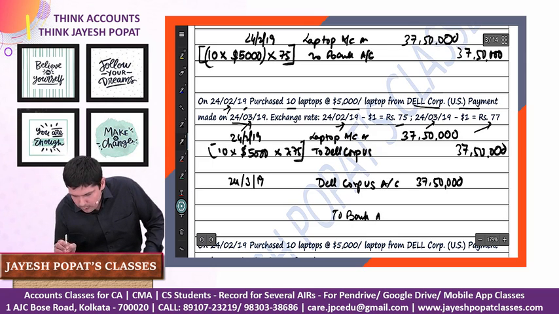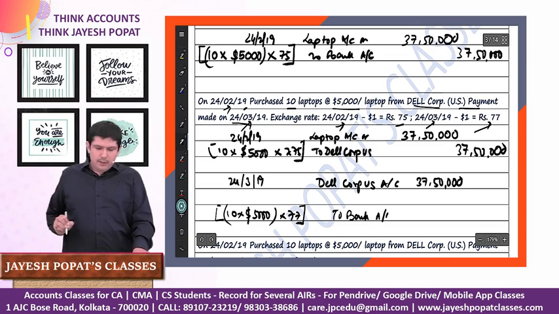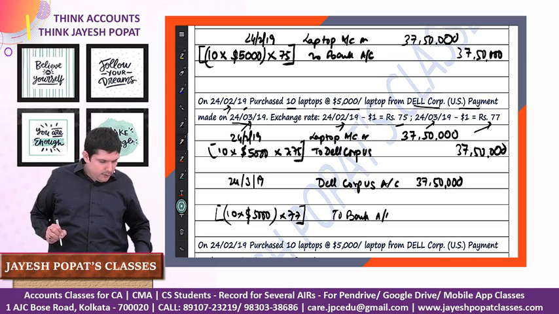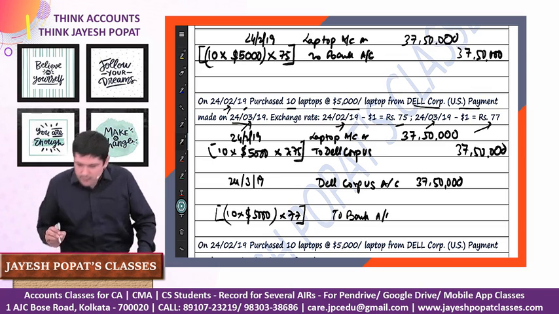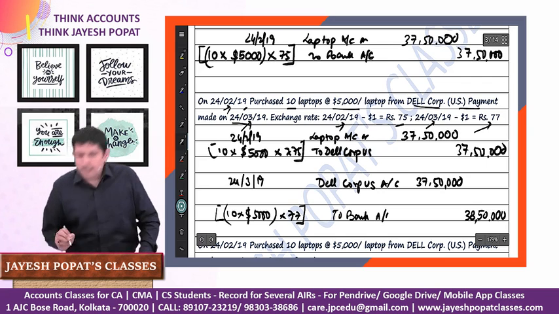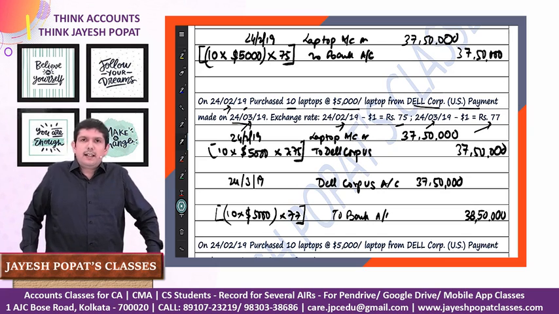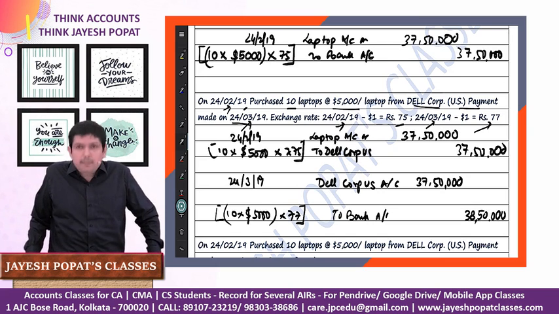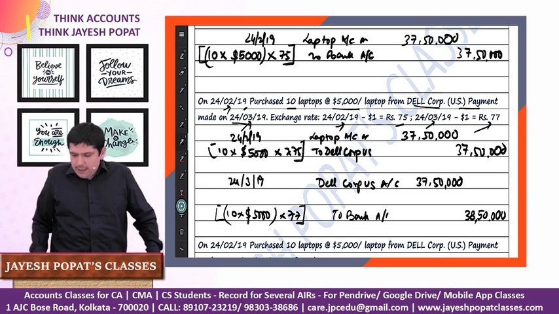Right? We'll say to bank. The amount which will go from our bank account will be 10 laptops into $5,000 per laptop into the exchange rate on the date of the payment, which is 77. So therefore we will say $50,000 into 77. We'll have to make a payment of 38,50,000. So we had a liability initially recorded at 37,50,000, but we have made the settlement for 38,50,000.